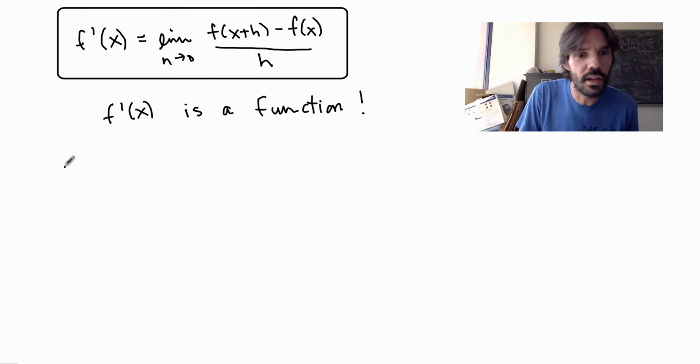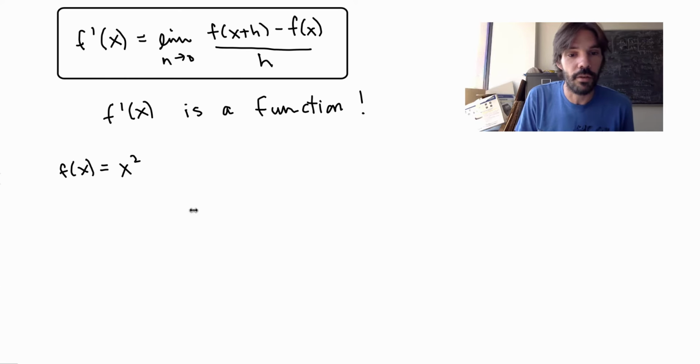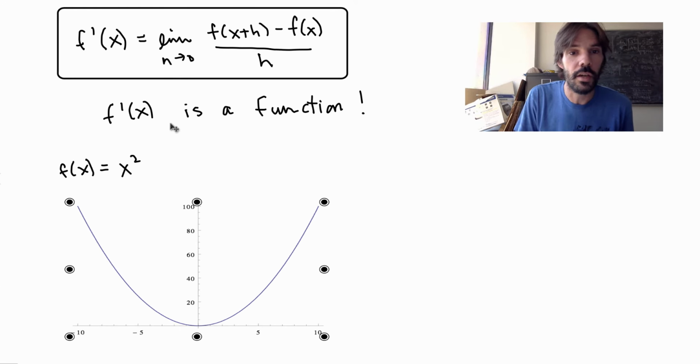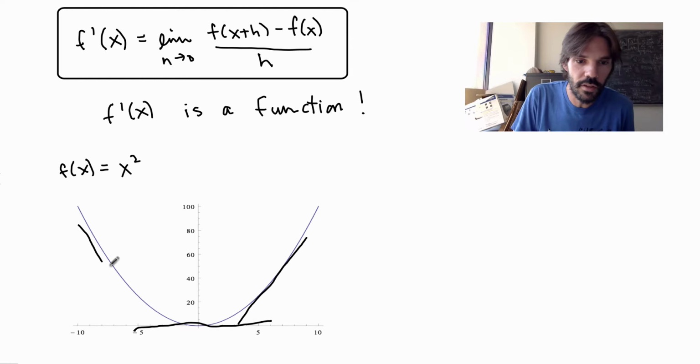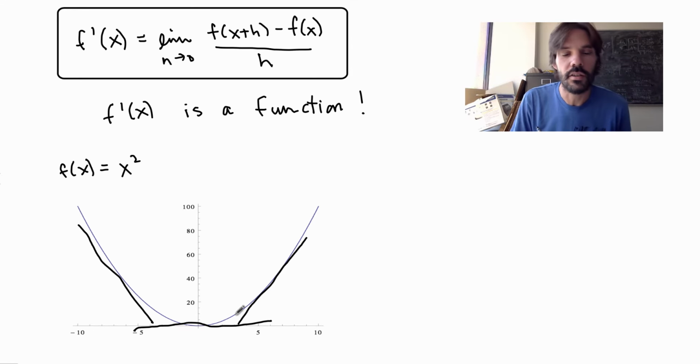So let's see how that goes in our previous example. I chose my function f of x as being the square function, and I had the following graph for my function here. Well, I can look at the derivative at arbitrary points. For example, here I'll get the slope of this tangent line. Here I would get the slope of the tangent line here, and the slope of the tangent line here, and so on. And if I put these slopes all together, I'll get a new function, which in this case will have the following form.